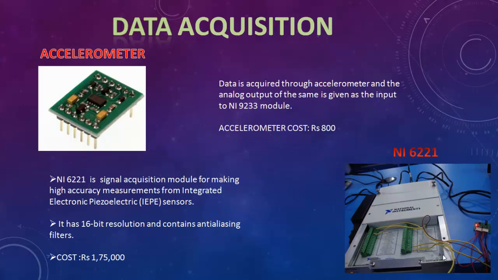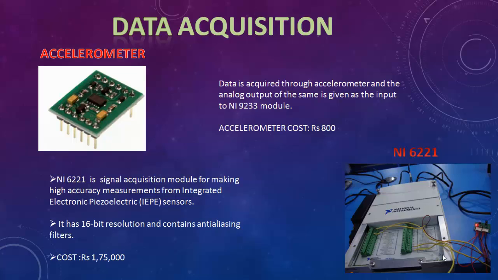We can switch it on to DAC and formula control at the same time, and we can check the output of it. So what we are actually using for the DAC assistance is accelerometers, that is our sensor. That accelerometer we are interfacing with NI6221. The real-time application accelerometer in industrial use costs around 30,000, so we have not used that one.